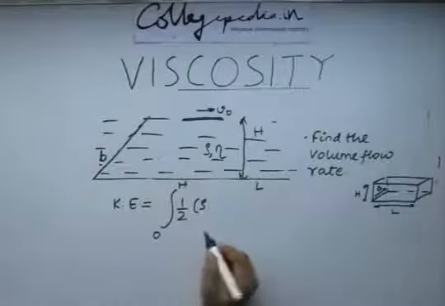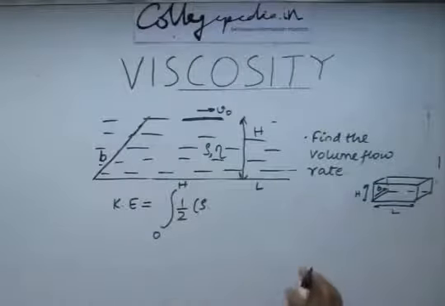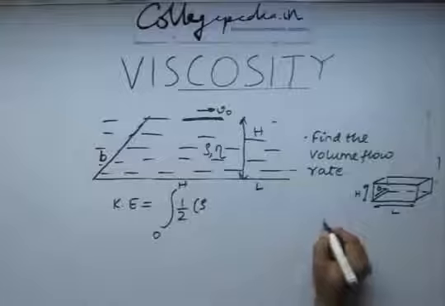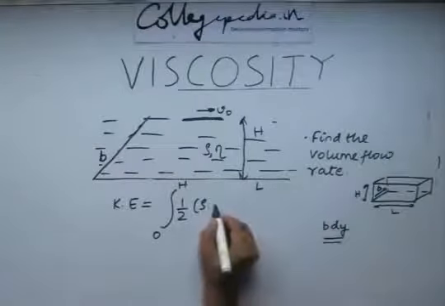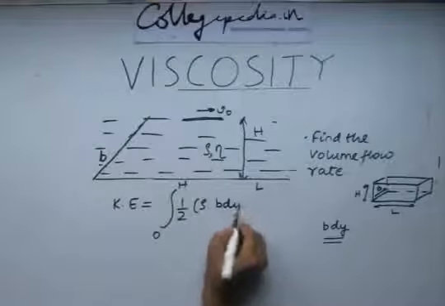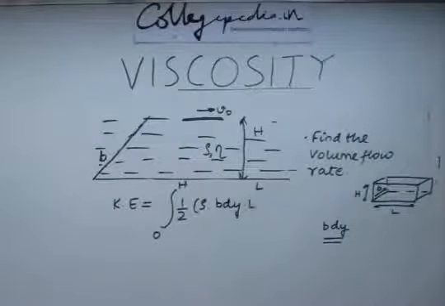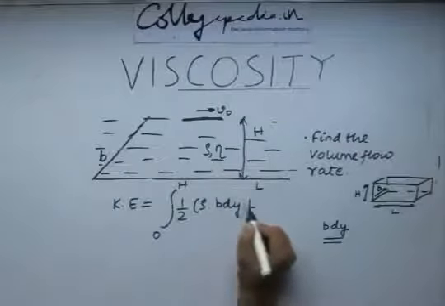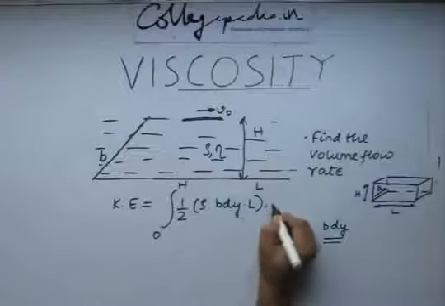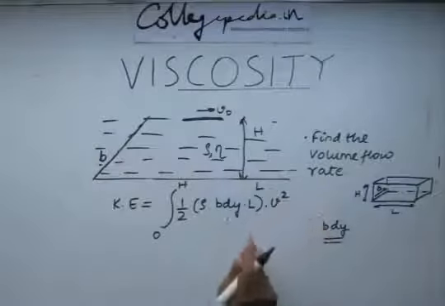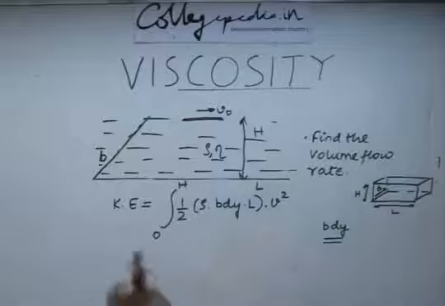So the volume for a small element with area b dy is b dy times L. Rho times b dy L gives us the mass. Mass times velocity square gives us the kinetic energy.